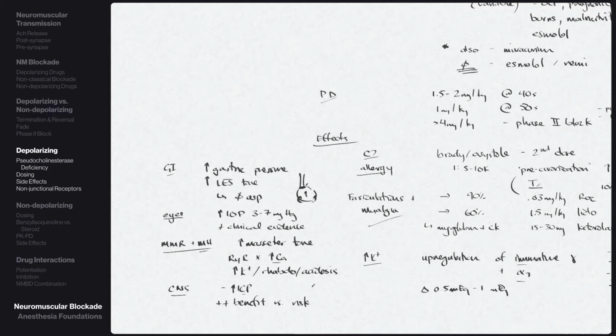And the idea is that when you paralyze a patient and they have a full block on board, they won't respond to your laryngoscopy with coughing and bucking, another reason for patients to have an increased ICP. And so even though there might be this slight chance for increased ICP, there's far more benefit compared to the risk of giving succinylcholine. And so this essentially shouldn't really be a consideration as far as avoiding succinylcholine in a patient that potentially has a traumatic brain injury or some reason for increased ICP.